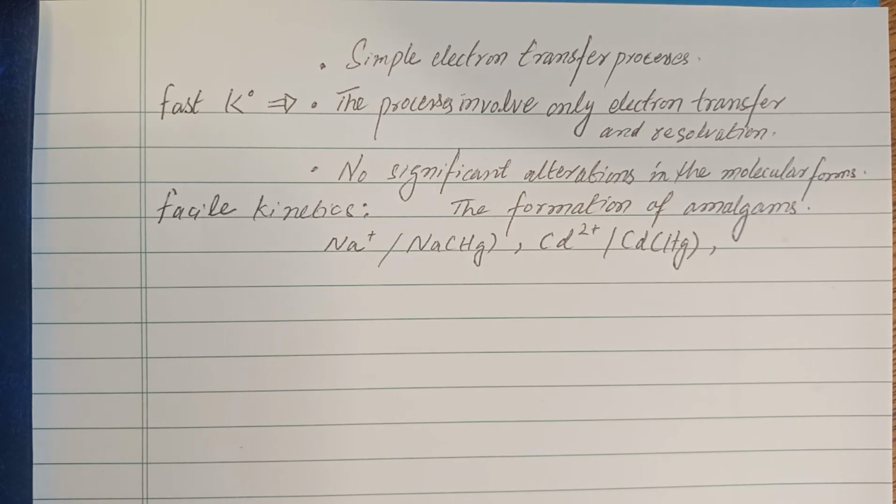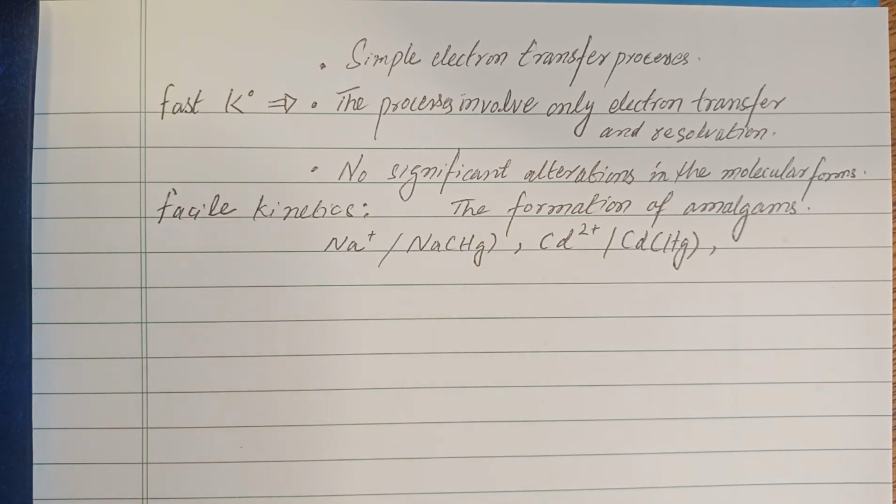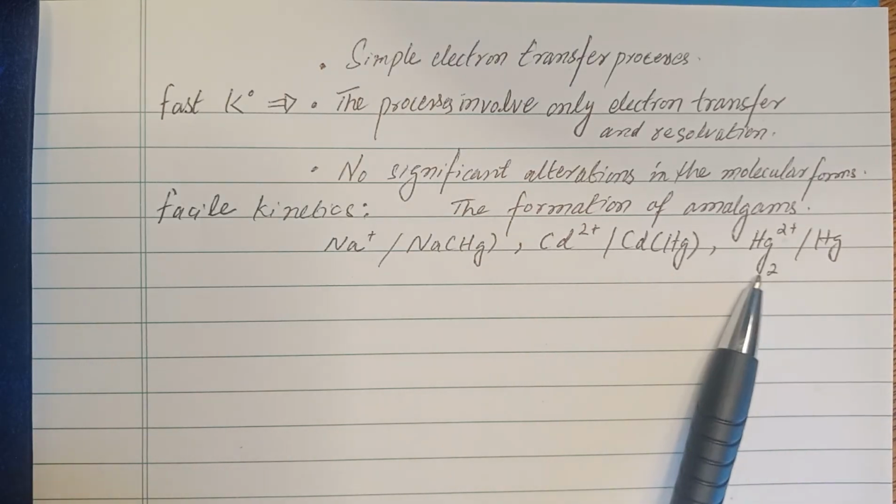Formation of cadmium amalgam, in which two electrons are transferred for the formation of this cadmium mercury amalgam. And the third is mercury itself acting as the redox species as well as the mercury electrode.